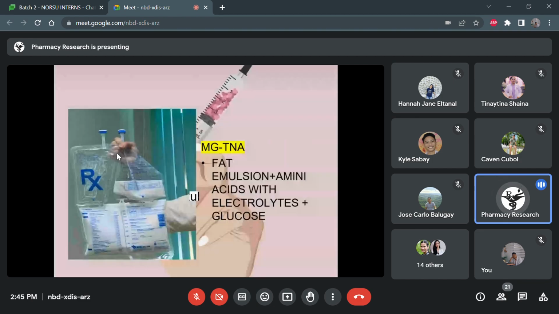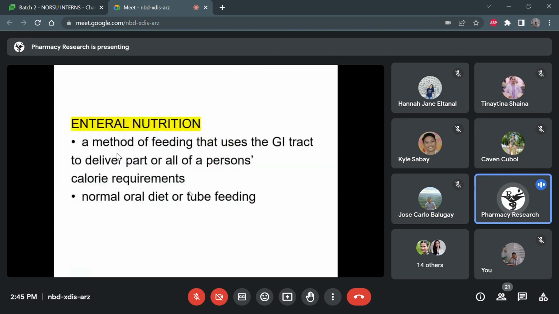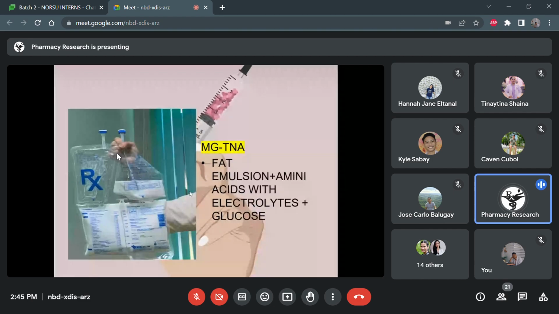So, ang one of the examples sa naa nato nga TPN is Invitin A. It contains the fat emulsions, amino acids with electrolytes and glucose.